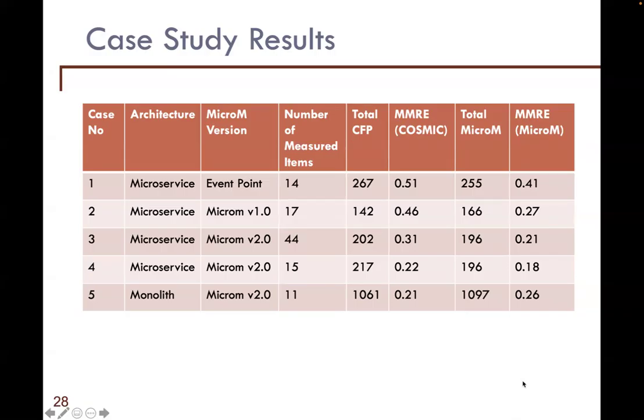And for those of you who do not know, Cosmic is an acronym for Common Software Measurement International Consortium. Cosmic is the ISO standard 19761 for measuring the functional size of software, and it was invented here at UQAM approximately 30 years ago, in the mid-90s, and it's been evolving ever since.